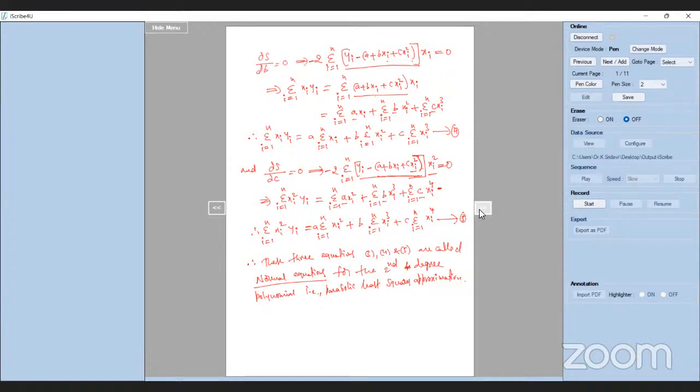After finding these normal equations, we have to find the values of parameters a, b and c. How can we find these values? Here we have to use the given tabular values.